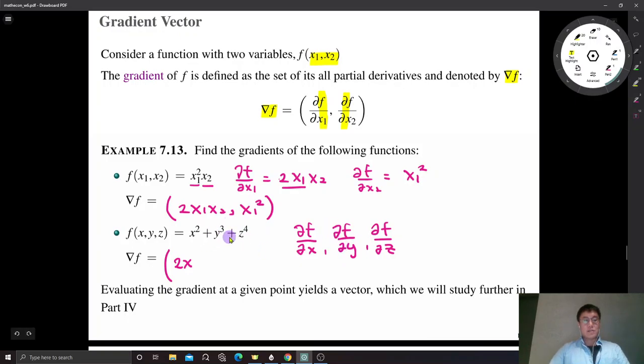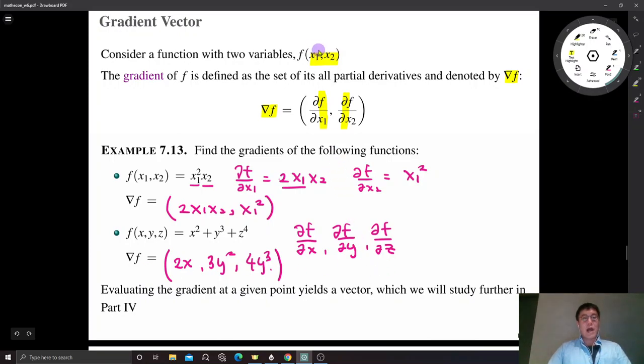So we can just delete these 2. And then the partial with respect to y is 3y squared. And finally, with respect to z, that is 4z cubed. Okay, so if a function depends on 3 variables, we have 3 entries in the gradient of the function.